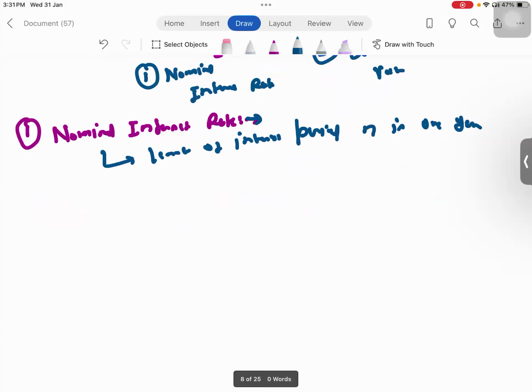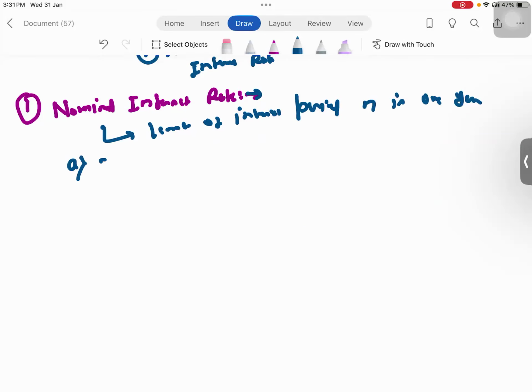Let's say option A is 3% compounded annually. What does it mean? The value of R is 3% and the value of M is 1. Why? Because this is compounded annually.